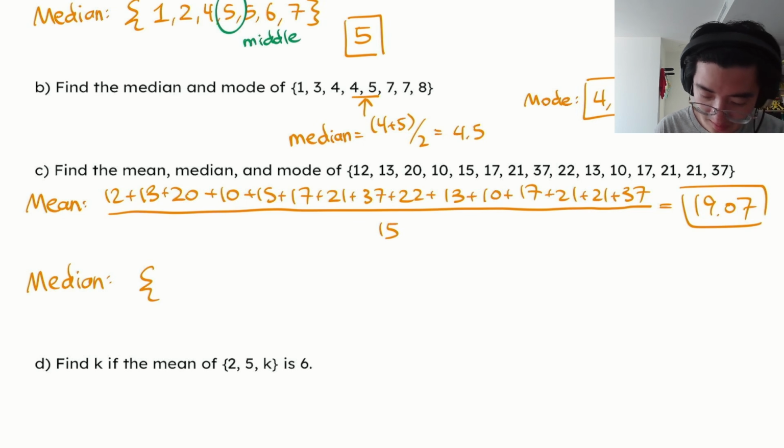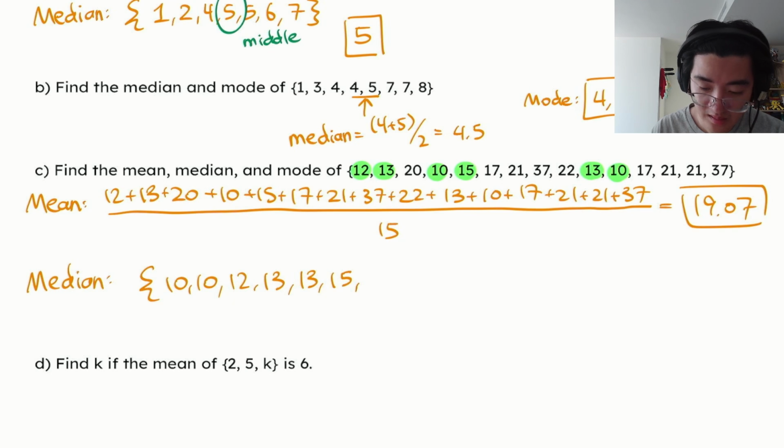The smallest number here is 10. We've got two 10s. And then we've got 12, 13, and another 13 here. Let's highlight the ones that we did. So we've got 10, 12, 13. No 14, we've got 15. No 16, you've got two 17s.